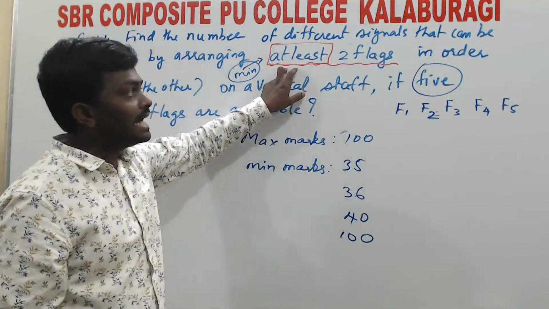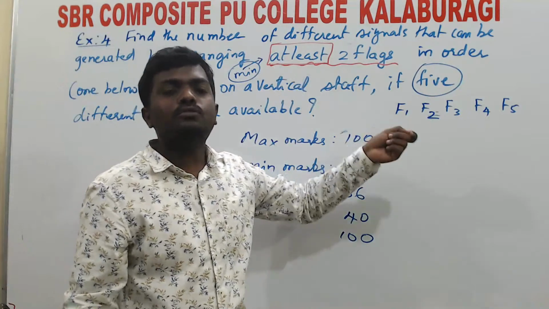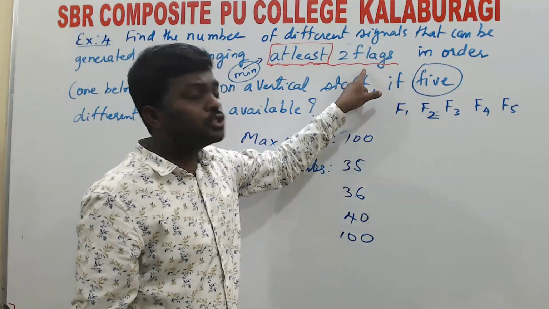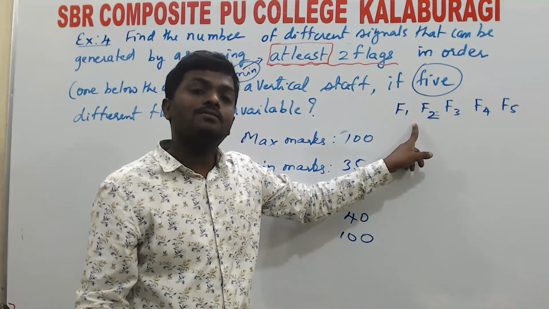The same way, at least two flags means minimum two flags have to be arranged among the five different given flags.